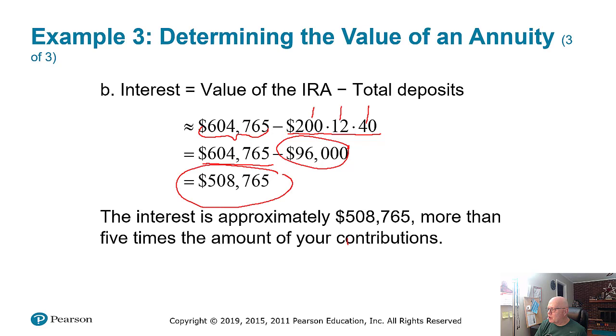This is how much you got in interest. Notice that you got 5 times the amount of your contributions because, number 1, you put money in regularly, and 2, because you started early.